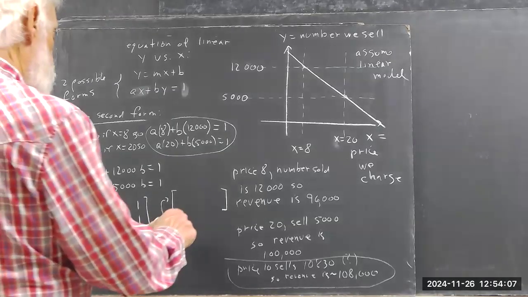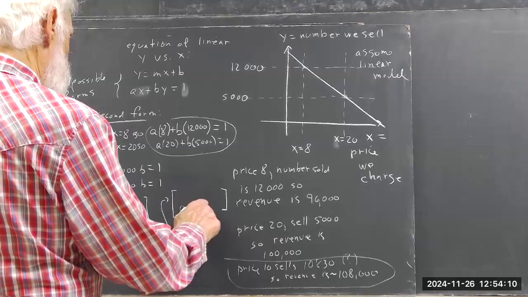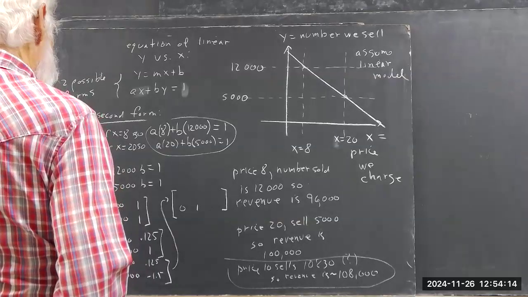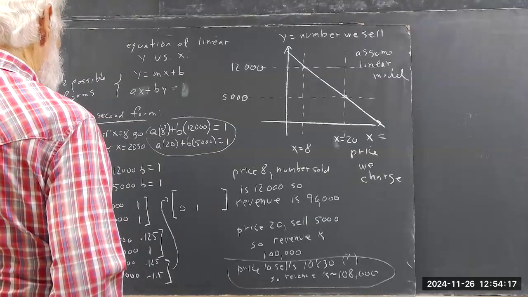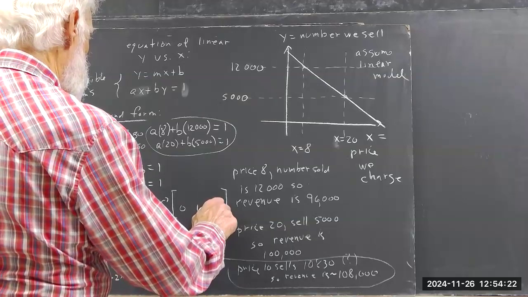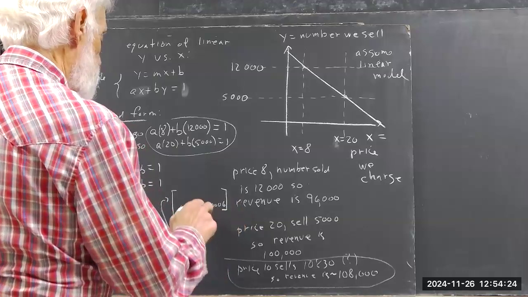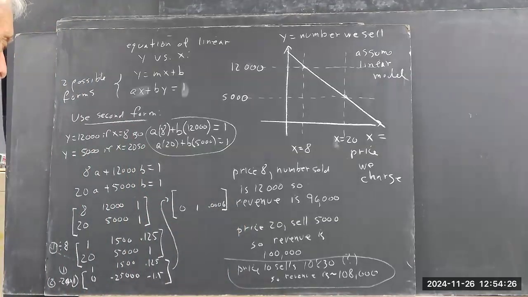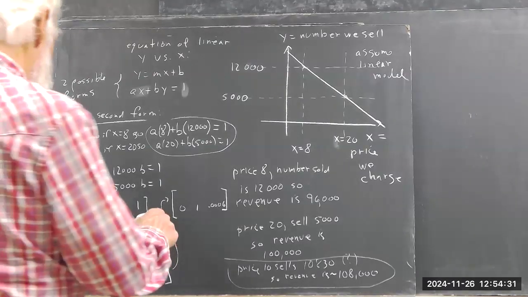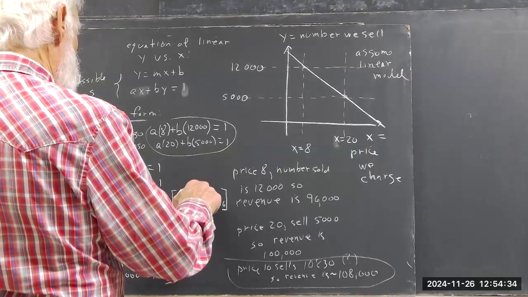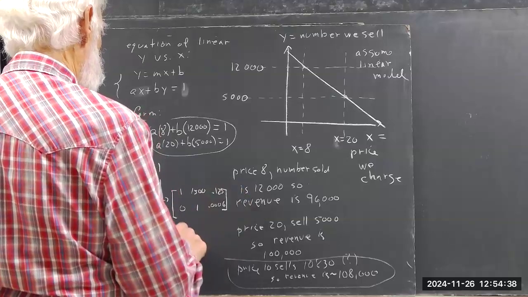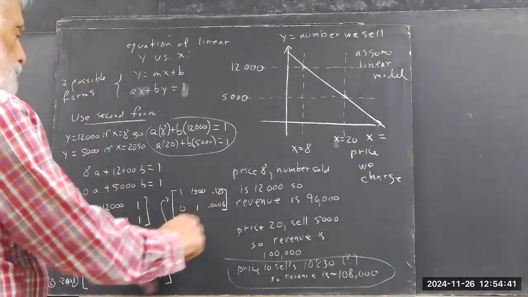Then we divide equation 2 by negative 25,000, and we get 0, 1, and I think that's 0.00006. And the first row is 1, 1500, 0.125. I'm not writing out all the steps here.